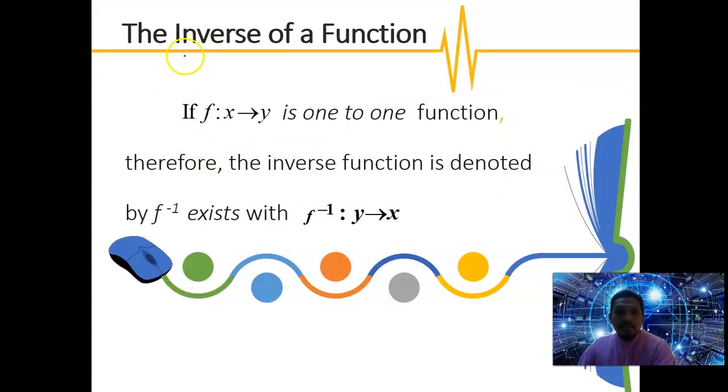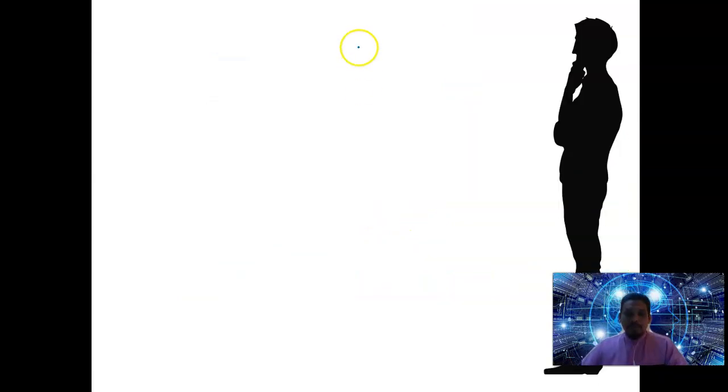Okay, now the inverse function. We now get into the beginning of the discussion on how to find the inverse of a function. If fx equals y is a one-to-one function, therefore the inverse function, denoted by f inverse, exists, with f inverse of y equal to x, which maps y to x. So now let fx equal 1 over x minus 3.